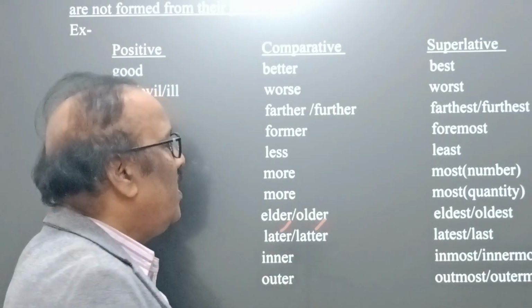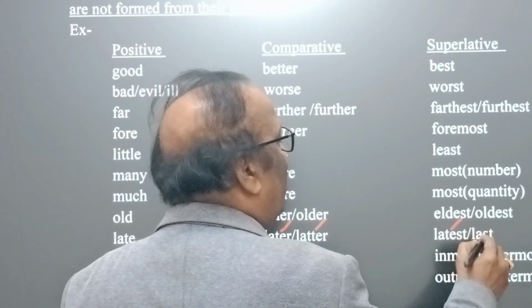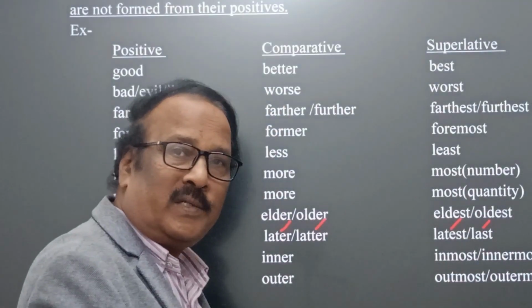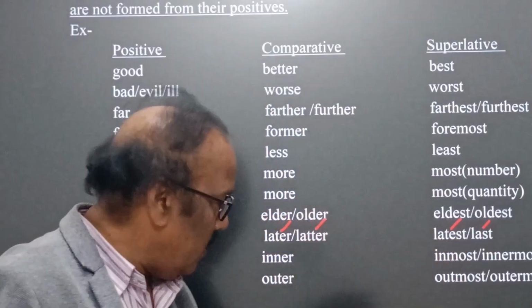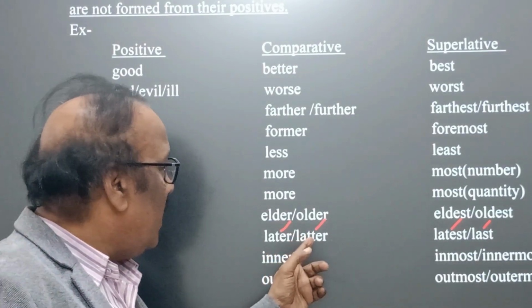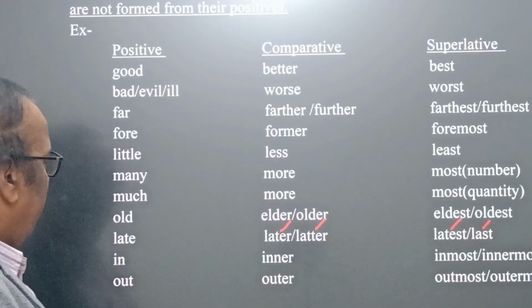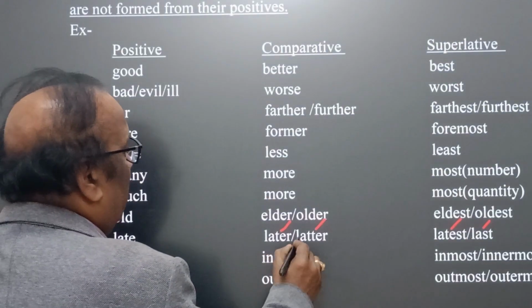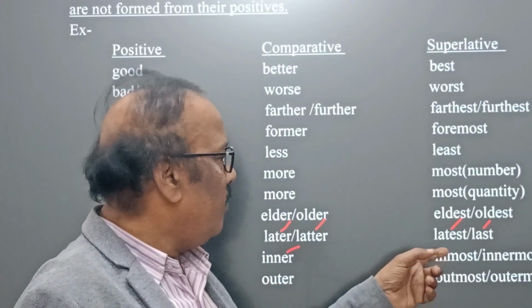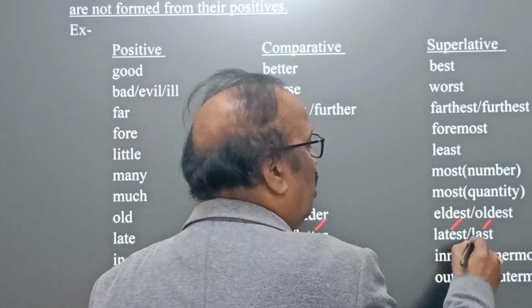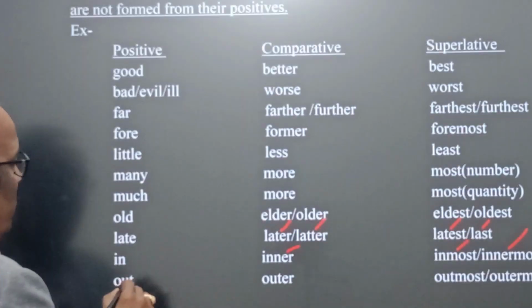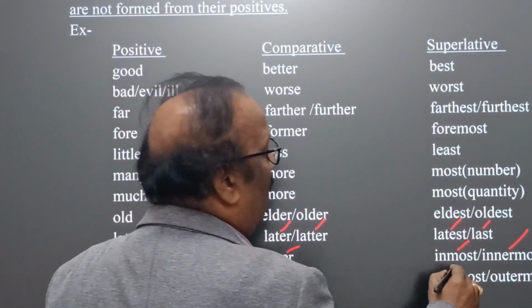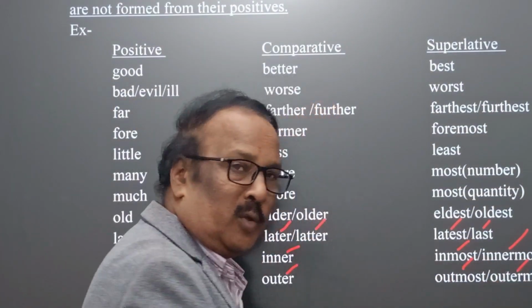Yes, the difference, and here we find latest and last. Once again, late, later, latest. Okay, late, latter, last. Then in, inner in comparative degree, but inmost or innermost in superlative degree. Out, outer, outmost or outermost, both are accepted.